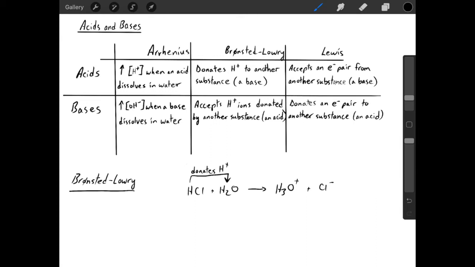The reason that the Bronsted-Lowry HCl is exactly the same as the Arrhenius HCl is that when you add H+ to water, the H+ is going to interact with the water to make H3O+. So even in the Arrhenius example of HCl, where you dissolve the HCl in water, we wrote it as producing H+ ions that are aqueous. H+ ions that are aqueous actually form H3O+.